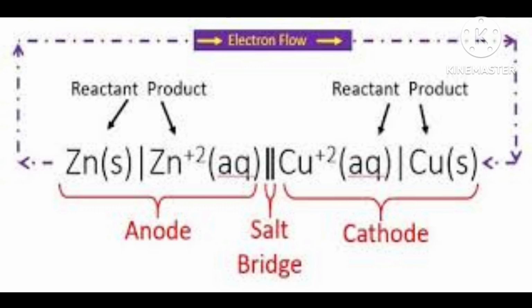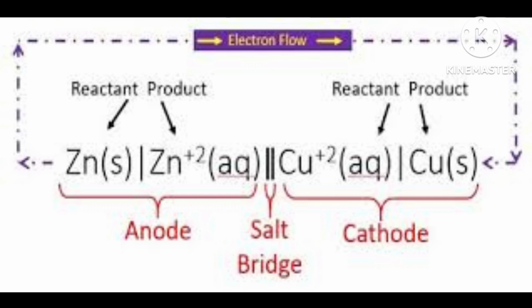It means that this Zn electrode potential is equal to minus 0.76 volt. Then now you know the potential of this unknown electrode.